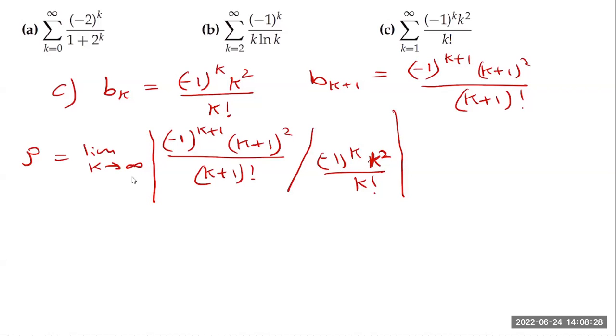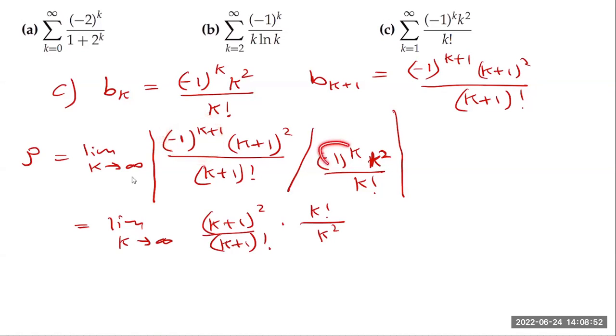Okay, all right, so this is going to be equal to the limit as k goes to infinity. If you do the reciprocal rule, you will get (k plus 1) squared divided by (k plus 1) factorial times k factorial divided by k squared. Notice that I'm getting rid of all the negative powers. It will become positive because we are taking the absolute value, and I don't need the absolute value for this anymore because all the terms are positive.